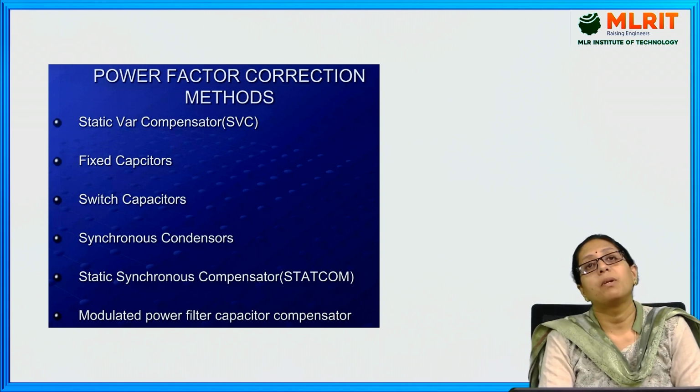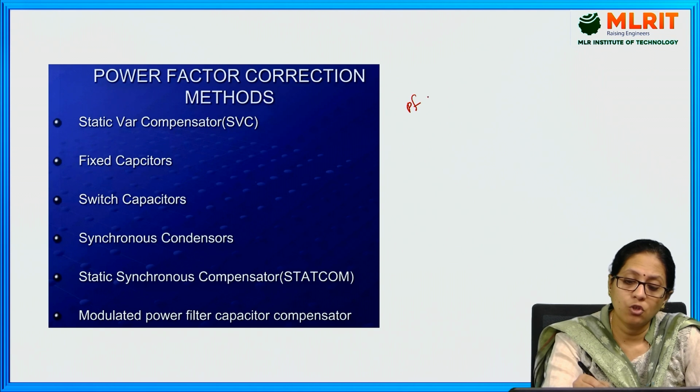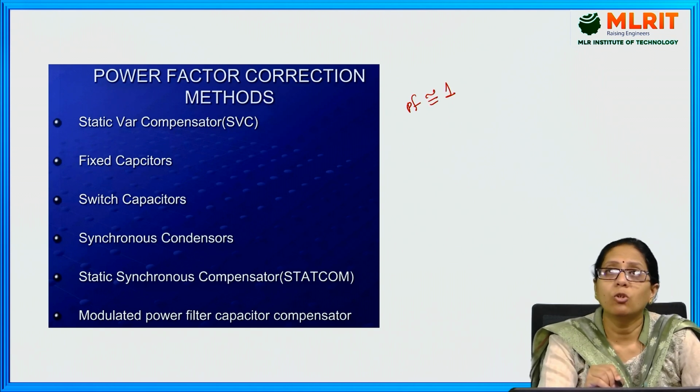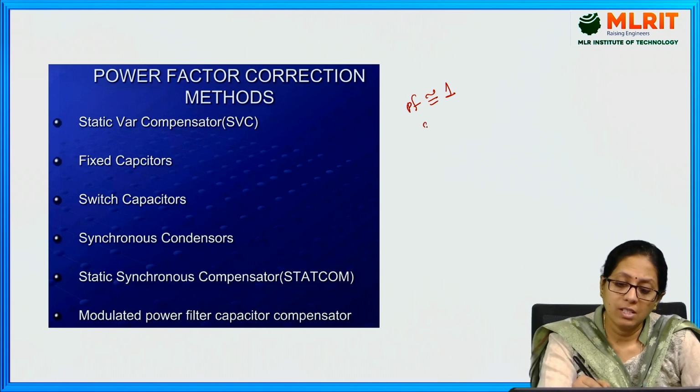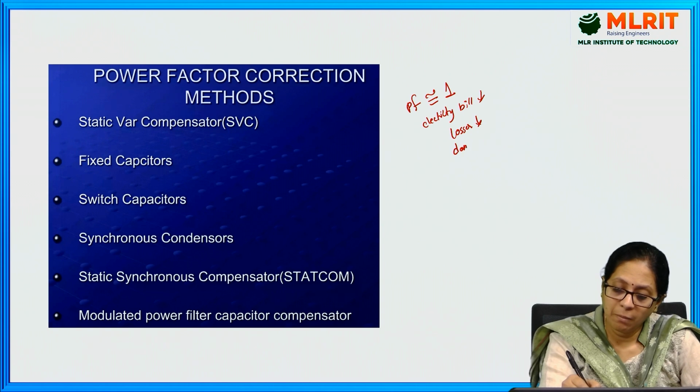As I said in the previous lecture, the power factor should be almost equal to unity. Then only the cost reduces, the electricity bill reduces, as well as the losses reduce and damage also reduces.